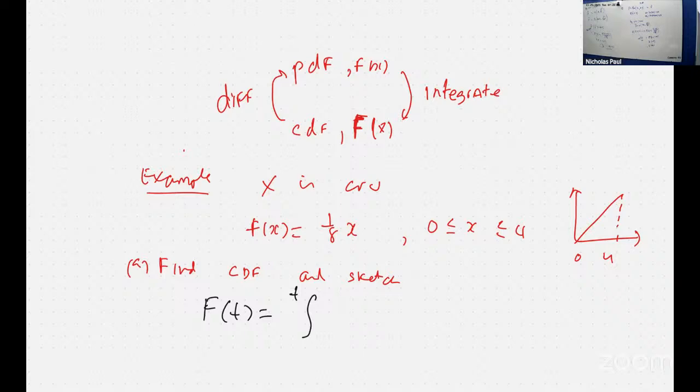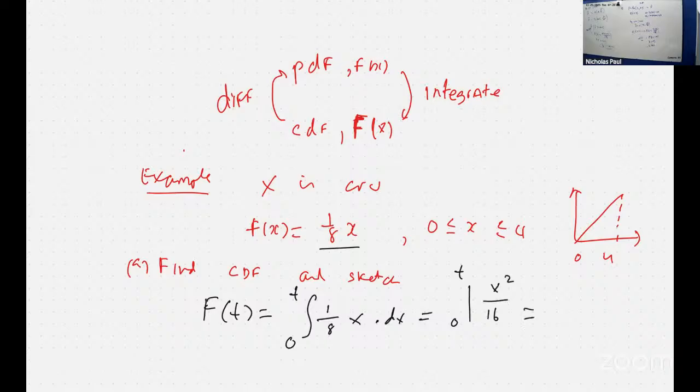And the lower limit is 0. I'm going to integrate the PDF they gave me, which is 1/8 x. When I integrate that, I get x squared on 16, and when I plug in t, I get t squared on 16.